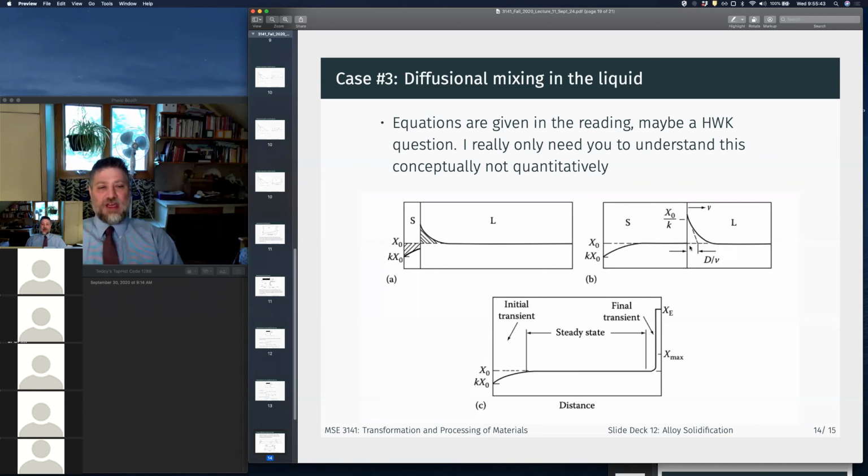How fast the interface is moving, because the faster the interface moves, the more solute is getting rejected into the liquid, right? And so if we're rejecting solute faster, we're building it up faster. And that's going to be balanced by how fast we can diffuse it away, right? So the measure of how fast something diffuses is the diffusivity coefficient, D, right?